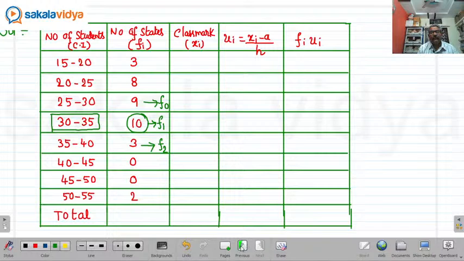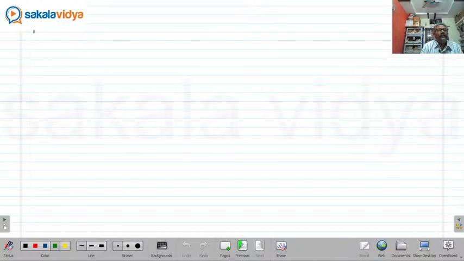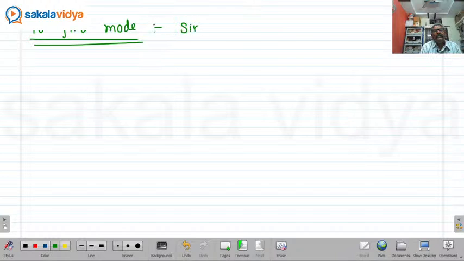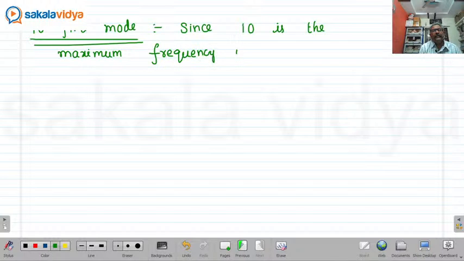Okay. So now to find mode, since 10 is the maximum frequency in 30 to 35, therefore modal class is 30 to 35.